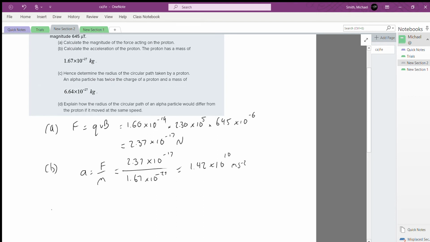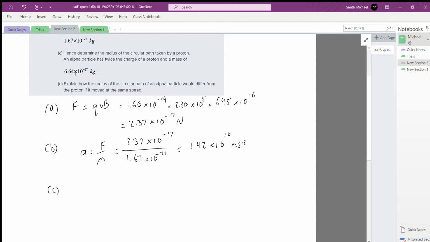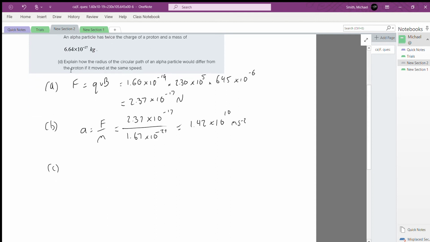So that's fairly easy. Part C, we're working out the radius of the circular path using our previous value, because it says hence determine the radius of the circular path. So since it's moving in a circle, it's undergoing centripetal acceleration. That acceleration is just given by v squared on r.